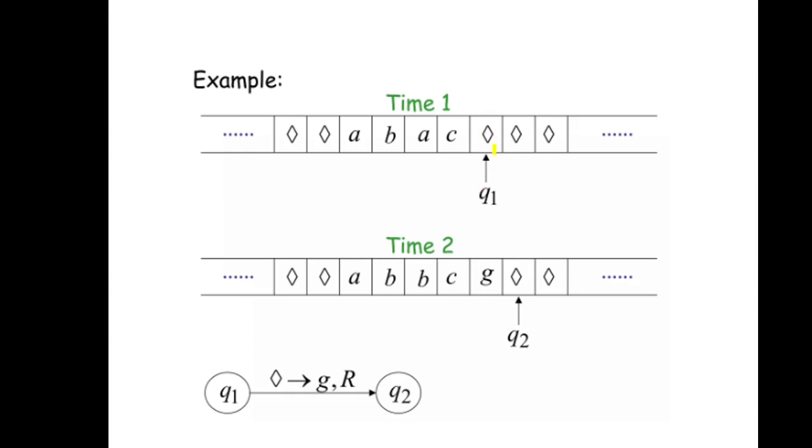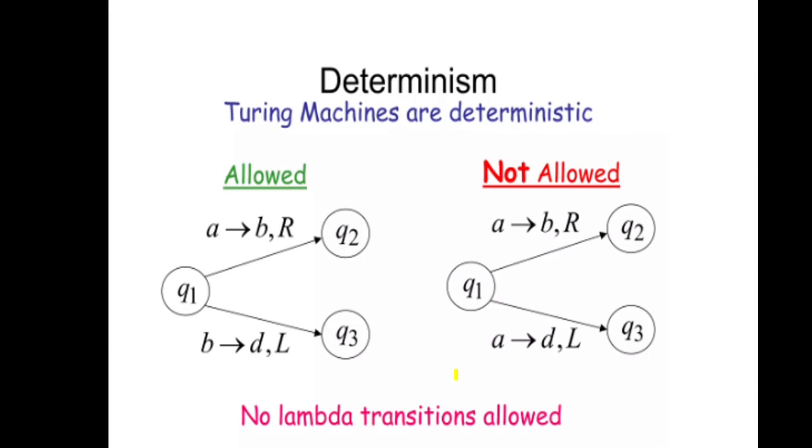It reads the blank symbol and replaces it with the output symbol G, writing the G into the input tape instead of the blank symbol. This is the output symbol, and it moves right. The same progress applies for any symbol it takes from the input tape.